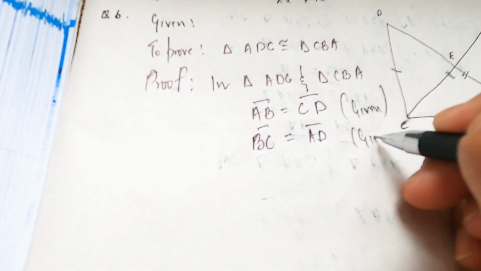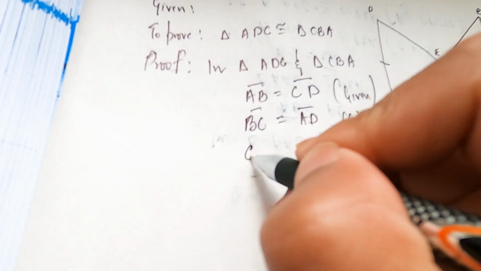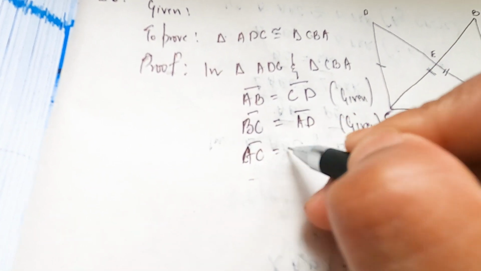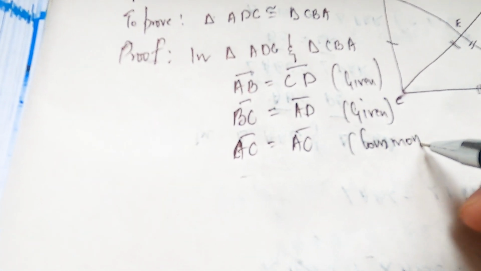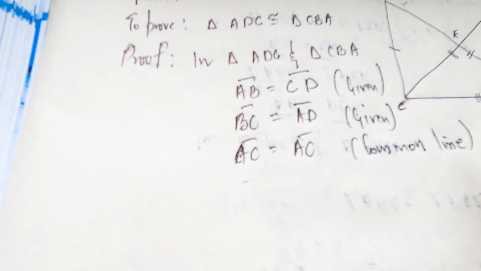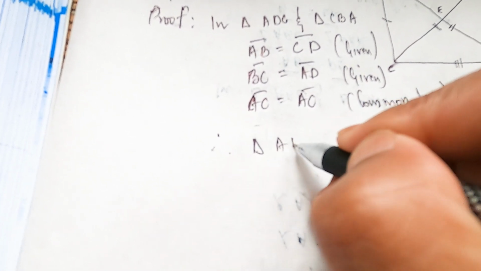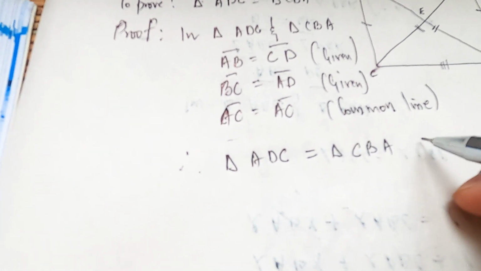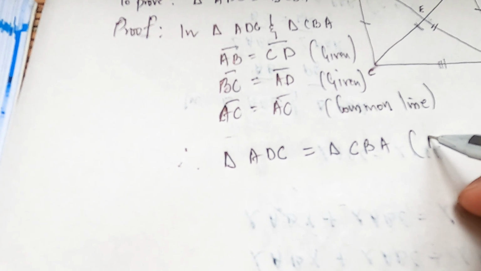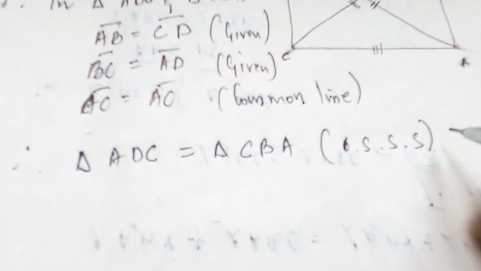This is also given from the question. And the last condition, AC is equal to AC. This is a common line in which the two triangles are at. Alright, so therefore triangle ADC is congruent to triangle CBA, by side side side.